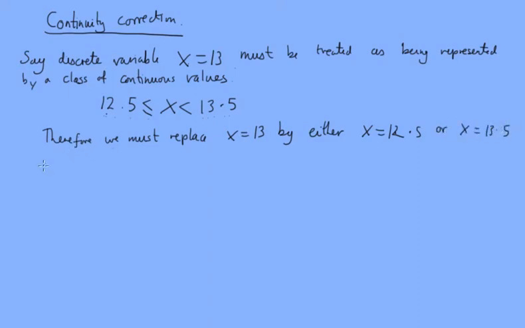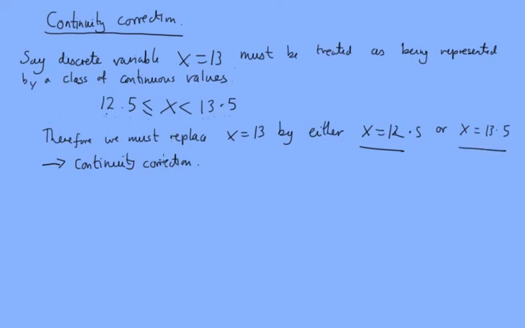And this here is what we call the continuity correction. But how do we decide if it's 12.5 or 13.5?